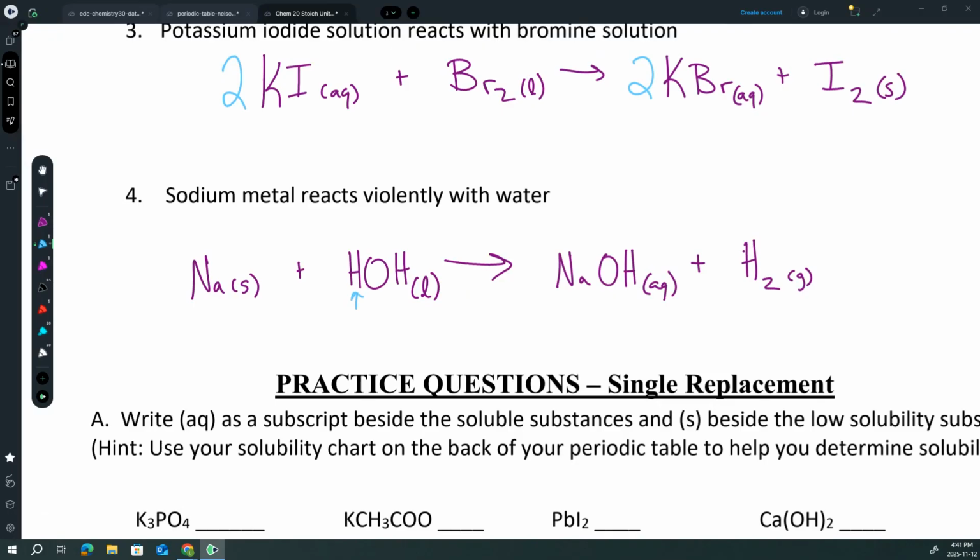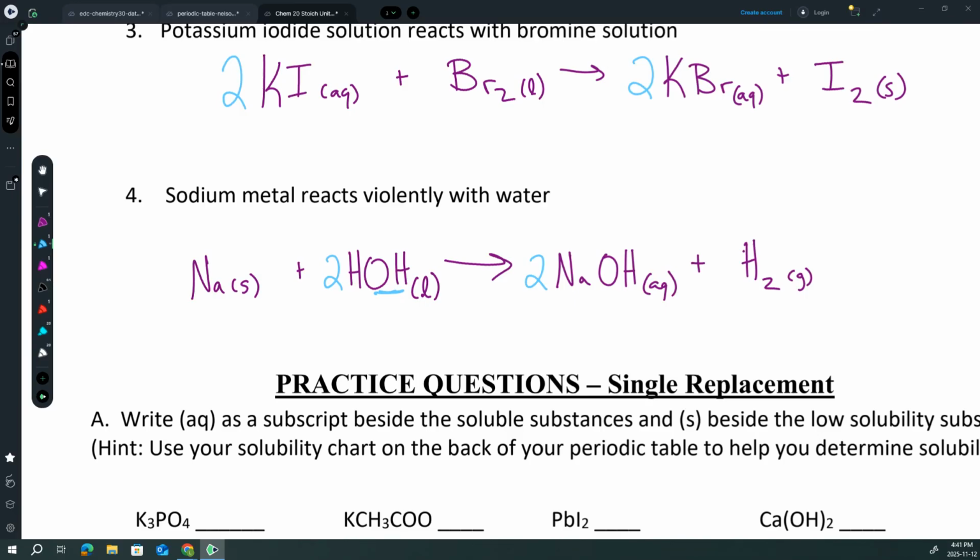So we have 1 hydrogen coming in, 2 coming out. So what I'm going to do is put a 2 right here. So now we have 2 hydrogens coming in, 2 coming out. We have 2 hydroxides coming in, but only 1 coming out. So I need a 2 right there. So hydrogen and hydroxides are balanced.